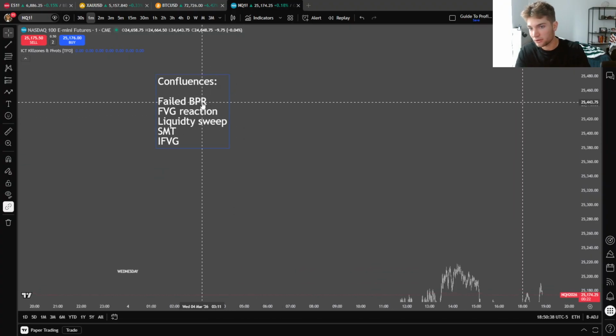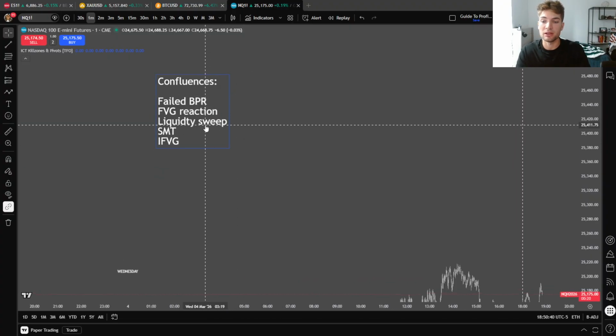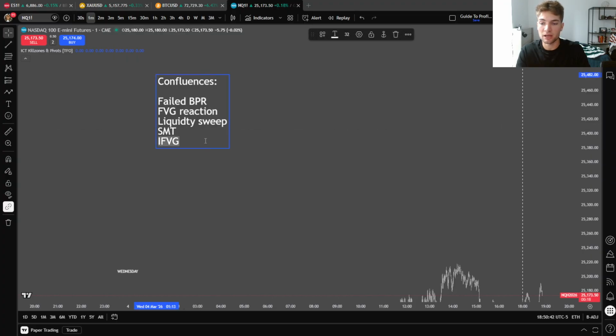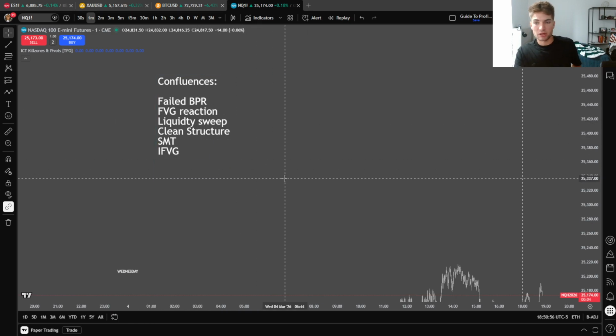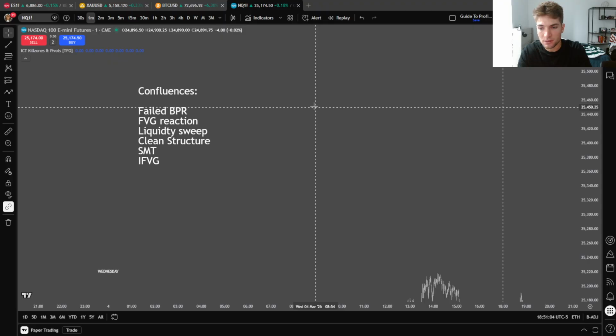So that's the confluence list that we need. Again, I'll add it in the bottom. I guess I'll put it over here. It is after liquidity sweep, so clean structure. Now, this order I always follow in my brain, and I really love seeing failed BPRs because they are so clean, so clear, everything makes so much sense.